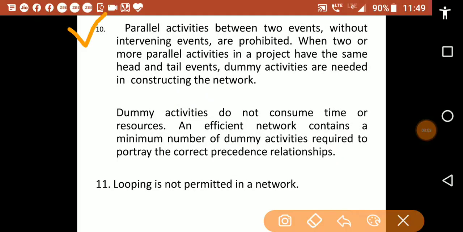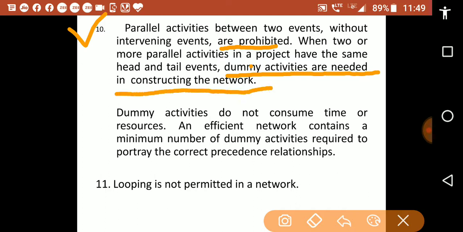Rule number 10 is, parallel activities between two events without intervening events are prohibited. When two or more parallel activities in a project have the same head and tail events, then dummy activities are needed in constructing the network.